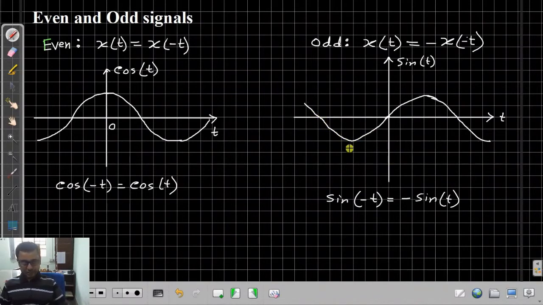And here you see that this function is symmetric but in a peculiar way. You can call it anti-symmetric with respect to the time equal to 0 axis, or the vertical axis. Okay. Now you can have signals which are neither even nor odd.